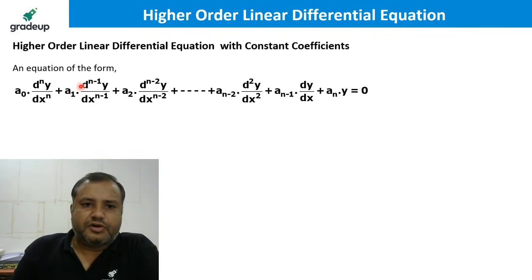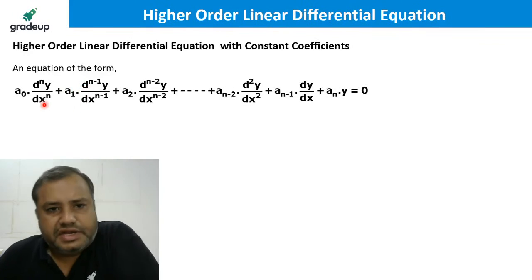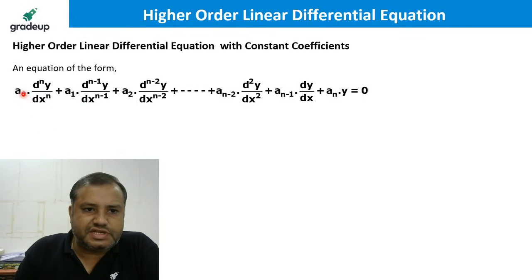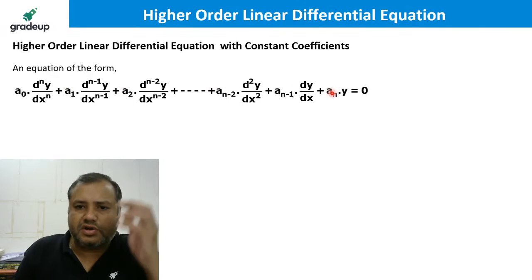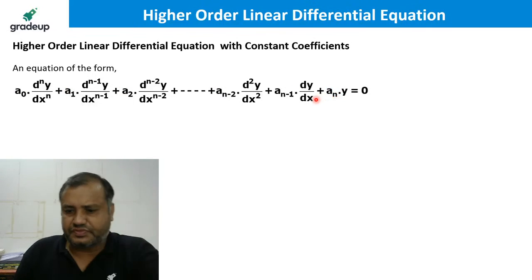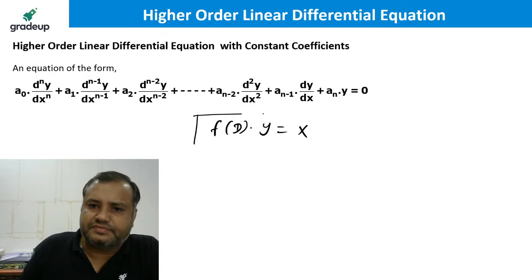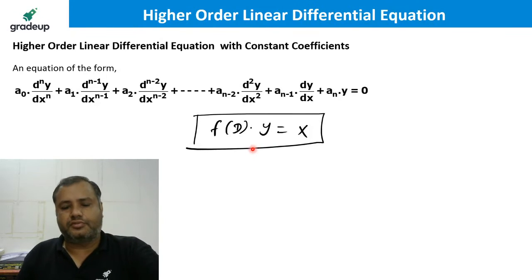So this is the format of a higher order linear differential equation with constant coefficients. Here you can see the coefficients a0, a1, a2, an are all constants. So you can abbreviate them as f of D into y equal to capital X.